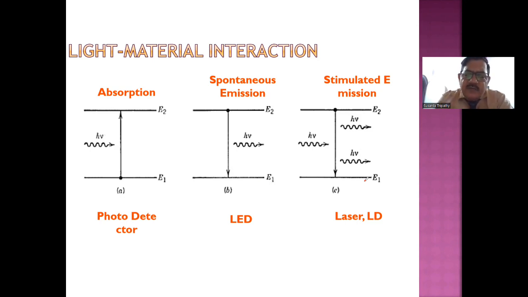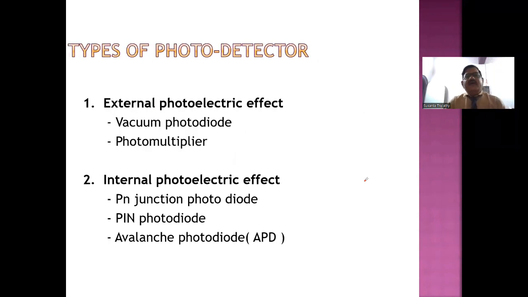So the number of electrons which will be ejected from this metal surface may be related to the amount of light which is incident, and therefore if you can measure the current which is flowing due to these electrons ejected due to this light incident on the surface, then you can correlate between the light and the current, and this is how you can detect the light which is incident on a particular surface.